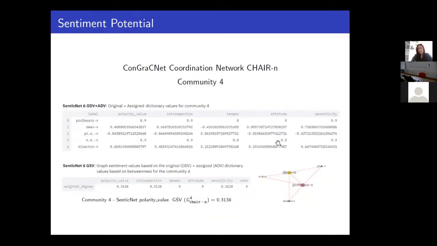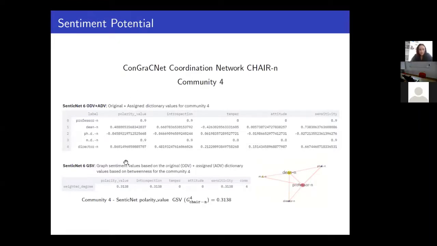So we now have the values of all the nodes in the subgraph, and we can calculate the value of a specific community. So for example, of the graph chair, here I've shown community 4, which is related to the academia meaning of the word. And it turns out that it's a positive meaning of 0.3. In the table, you can see for the central net, the main representative, the polarity value.